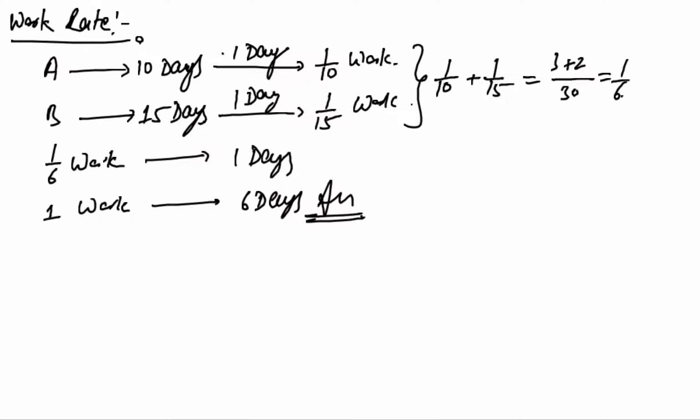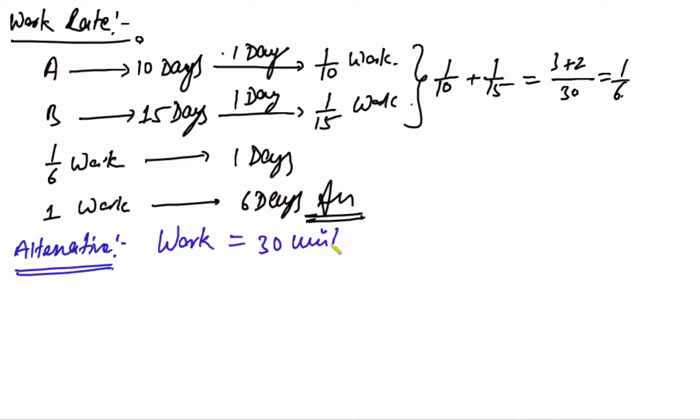To answer the same question, there is also an alternative method. The alternative method basically talks about considering the work as a number of units. For example, if I consider that the total work is 30 units. Now the question is, where did this 30 come from?